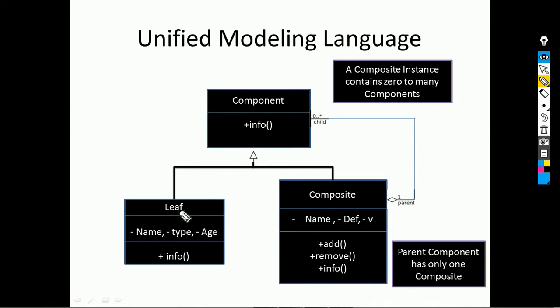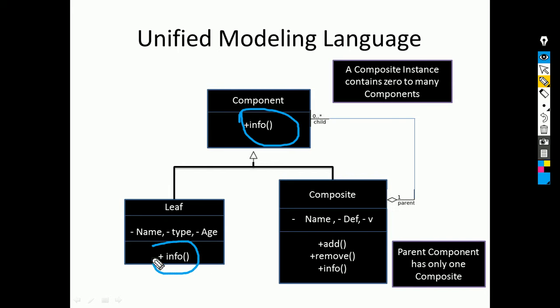You can see the pure virtual function getting redefined in each of the classes that it is inherited to. I've shown the inheritance for the leaf and the composite via this arrow here.